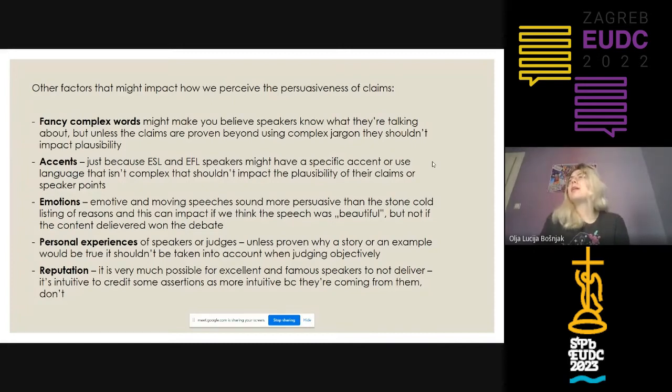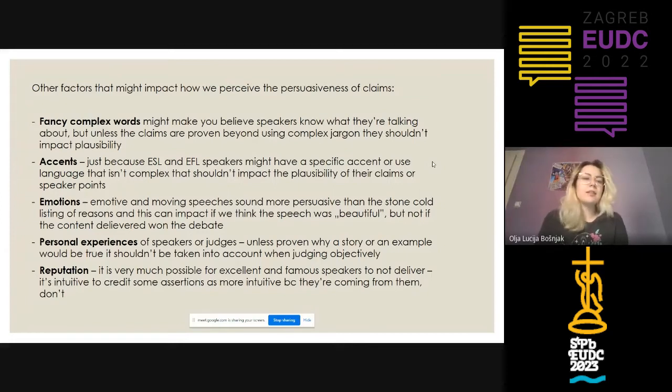Also, if someone's using very fancy complex English very fast, to me it impacts comprehension sometimes even negatively, because there are certain things that I can track, certain things I cannot, but in any way it shouldn't impact the persuasiveness of claims overall. And we should always try to keep ourselves in check of the ESL extensions and things.